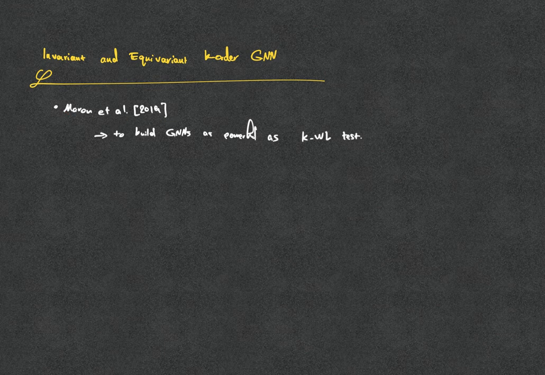This work also proposed that we could focus on invariance and equivariance in designing GNNs to again reach the same power as the KWL test. We saw that in message passing graph neural networks, if you use a permutation matrix P, it would be the same as getting the output of A and X and then permuting it.